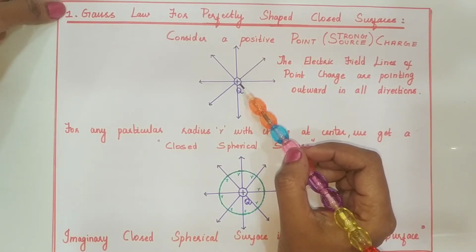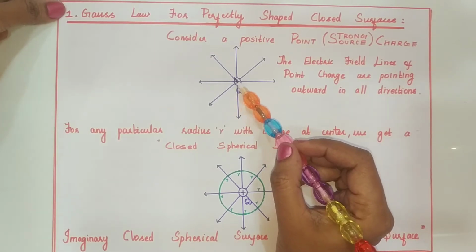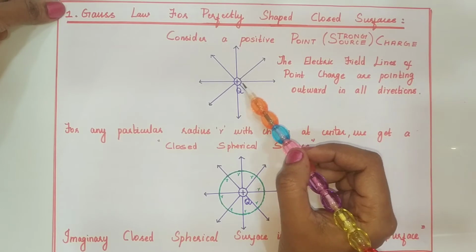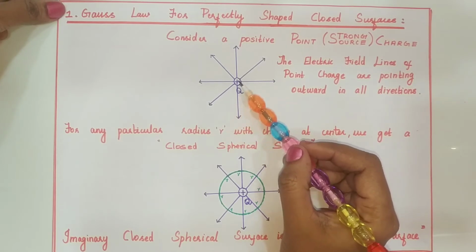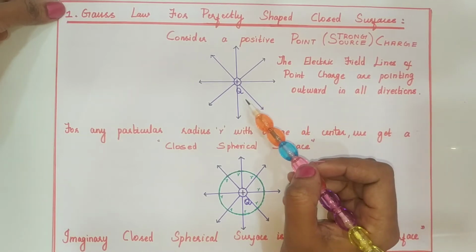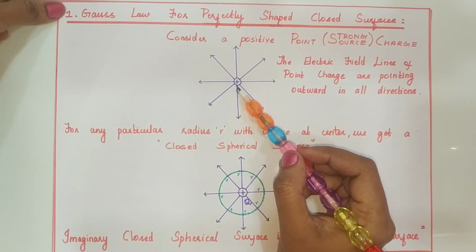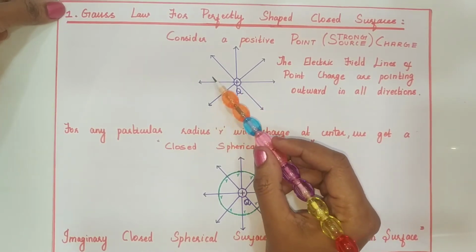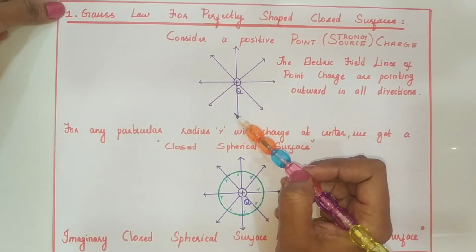That is, the positive point charge is a source charge. The electric field lines from this point charge will be pointing outwards radially in all directions. Now, for a particular radius r, what will be the surface formed?